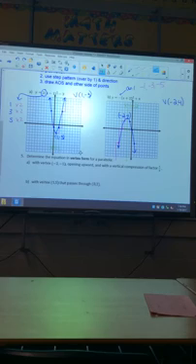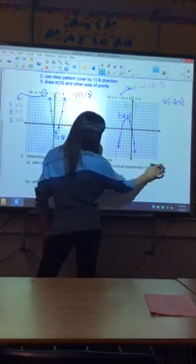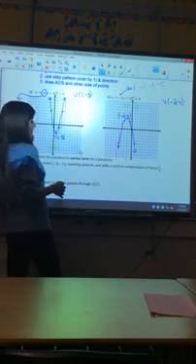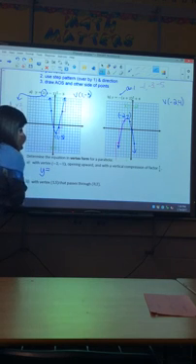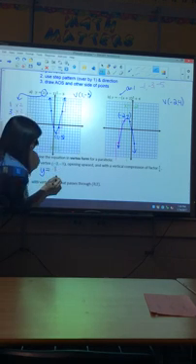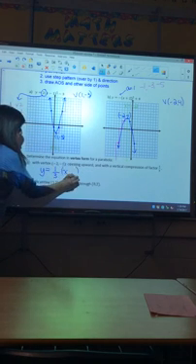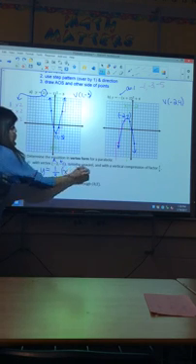If it opens up, that tells you that the a value is positive. And the vertical compression factor, that's your a value. I could ask you to find a vertical stretch or a vertical compression factor. So plugging those numbers in, y equals 1/3 is my a value.